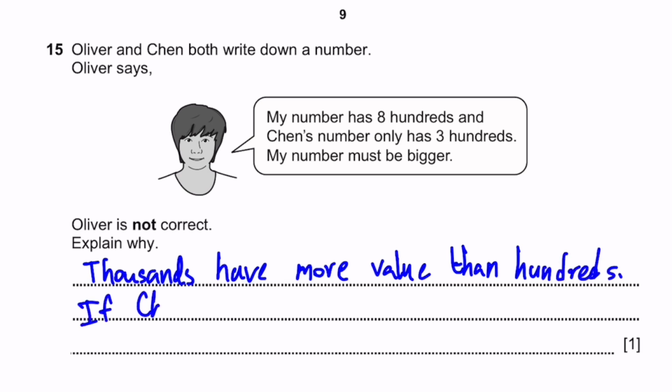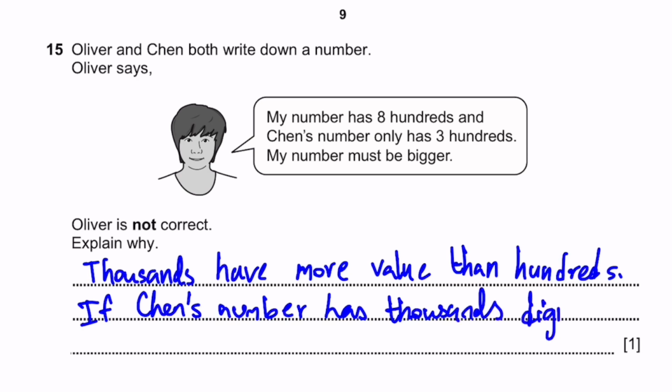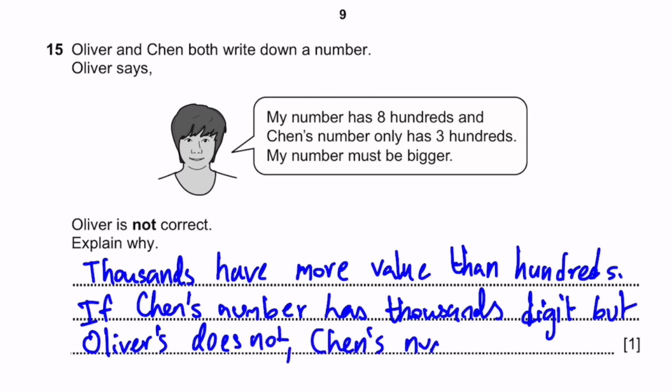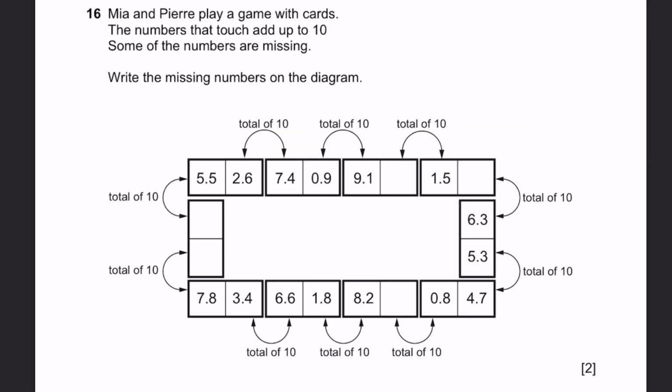If Chen's number has a thousands digit, but Oliver's does not, Chen's number is bigger. And that's the answer.